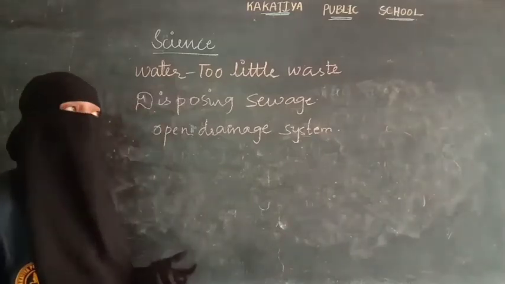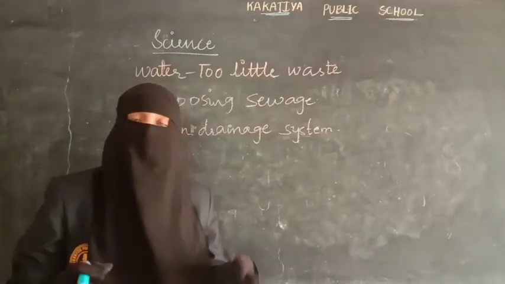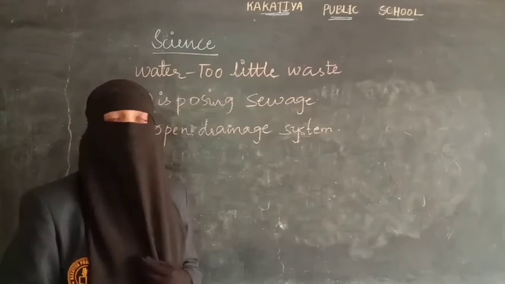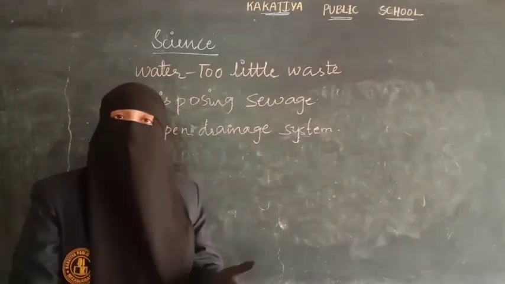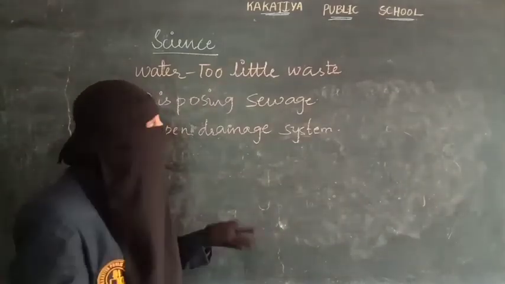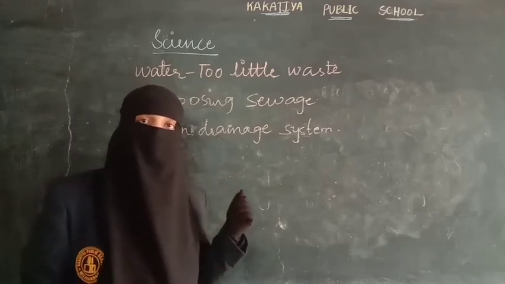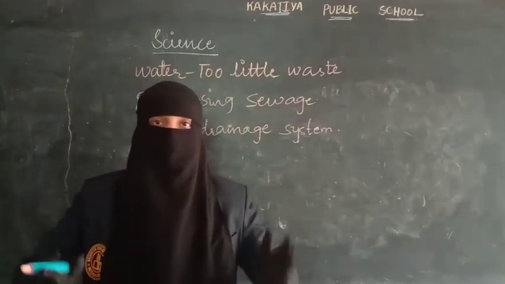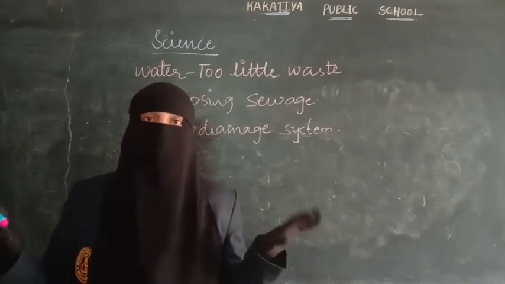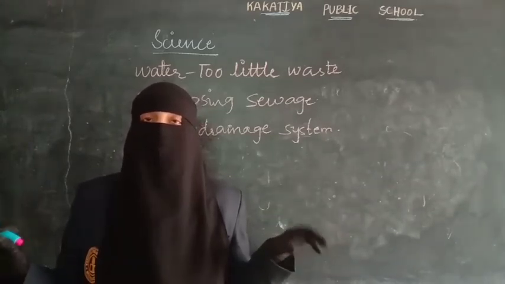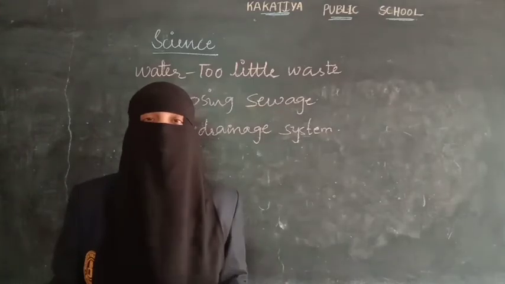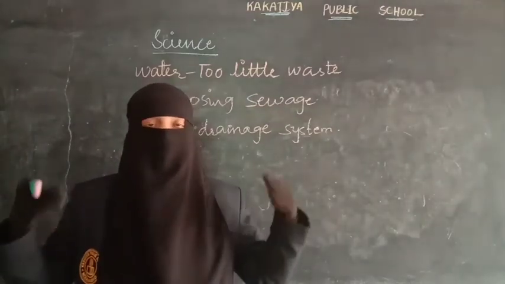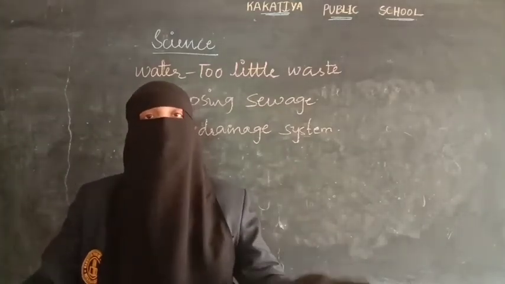The drainage water from our houses should be sent to the water treatment plant, right? Sewage disposal is done in different ways, and some people follow the open drainage system. Here we can observe a road, and beside the road two canals, where the dirty water from our homes is collected through pipelines entering into those canals.